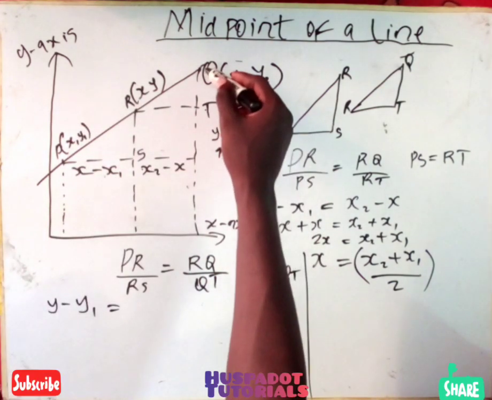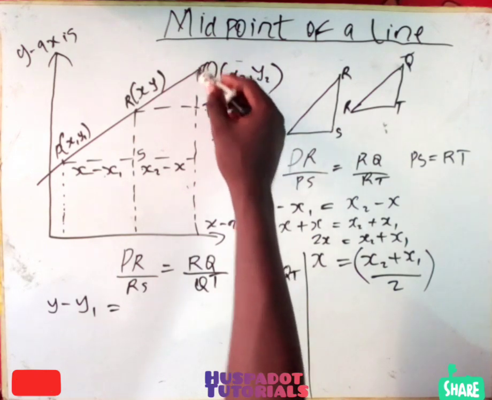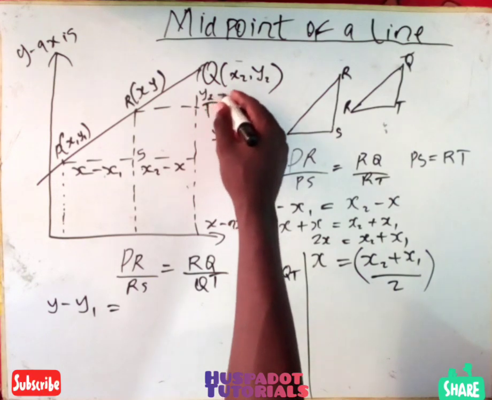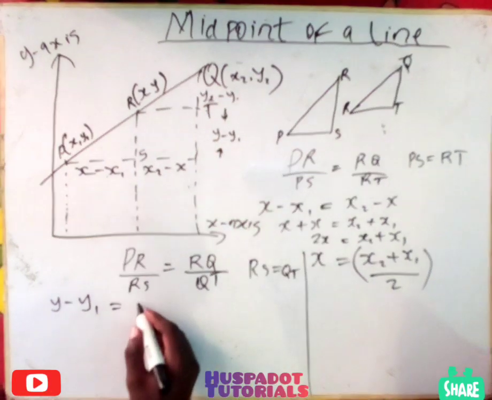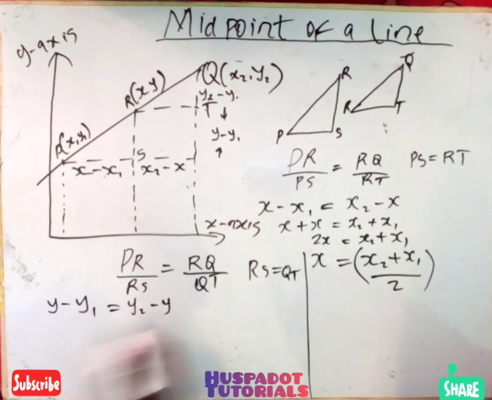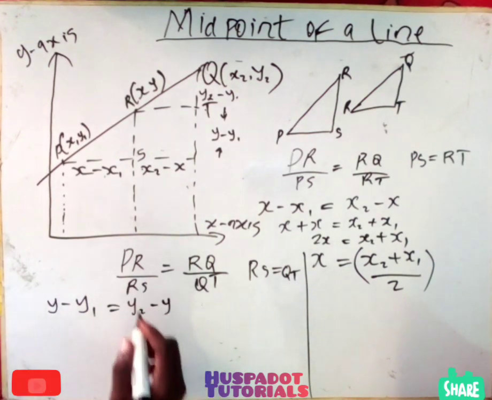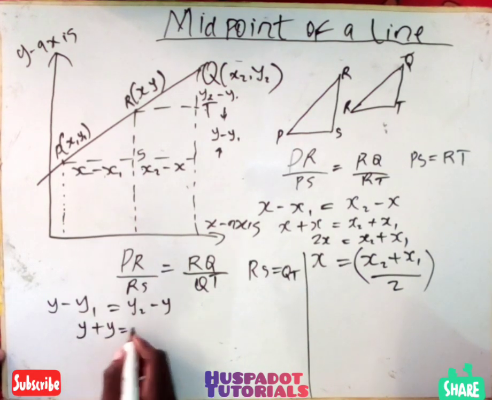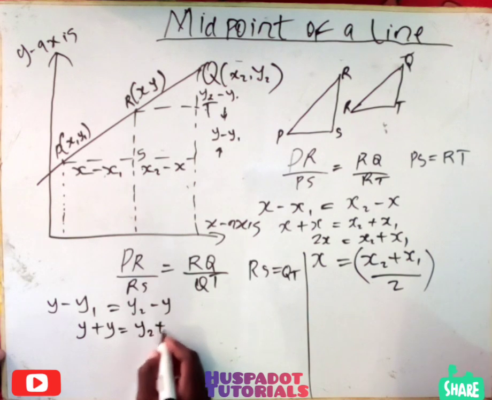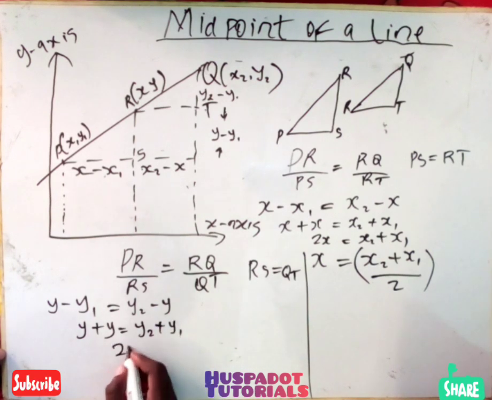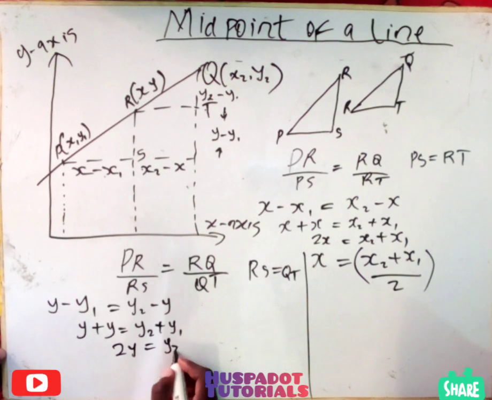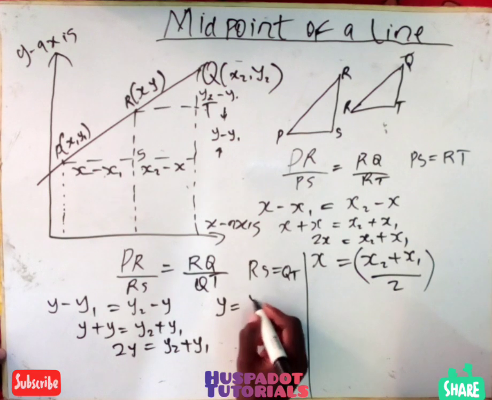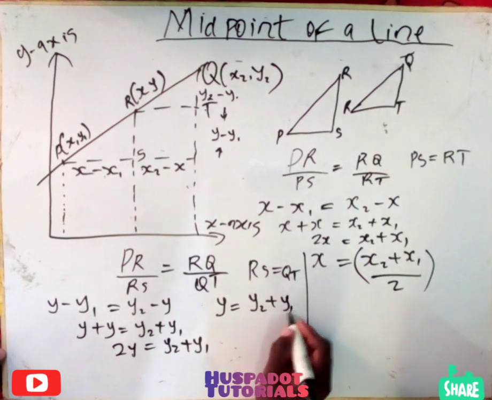So the difference between Q and T is y2 minus y. We can do the same thing, bringing like terms together: y plus y will be equal to y2 plus y1, so that 2y is y2 plus y1, then y is y2 plus y1 all over 2.